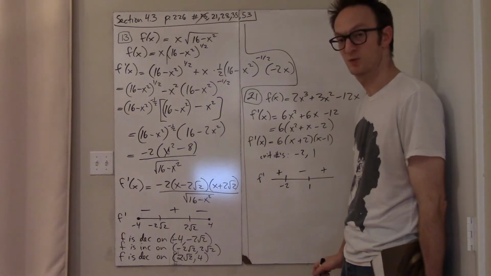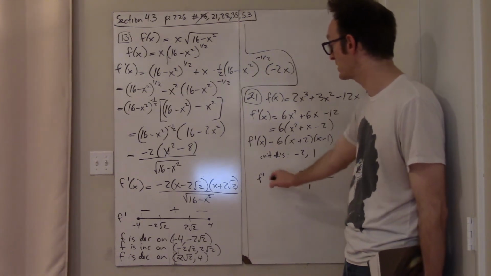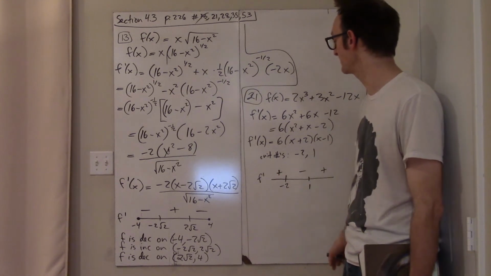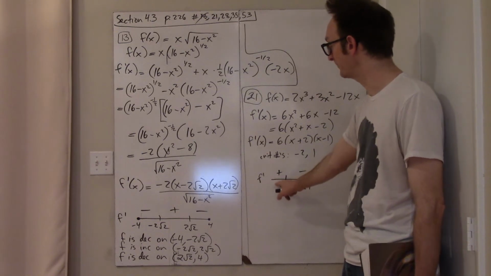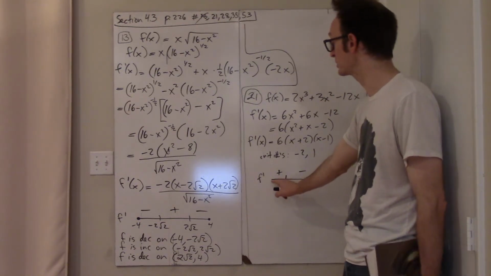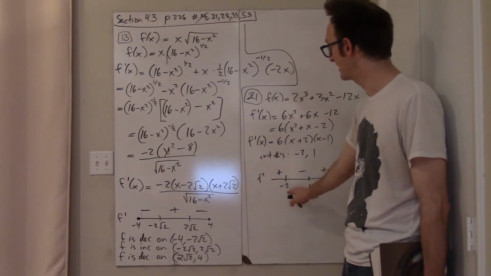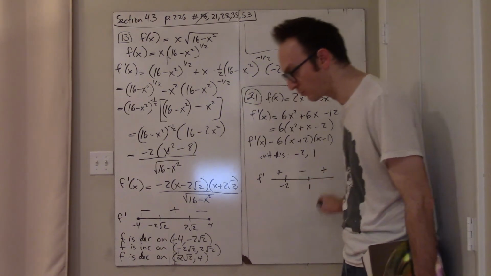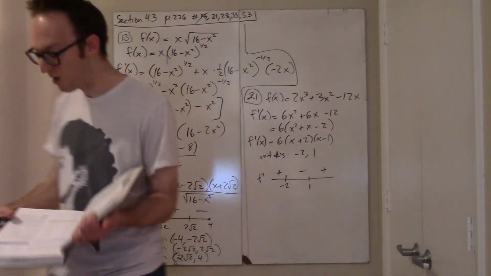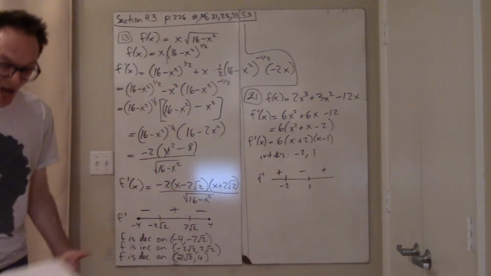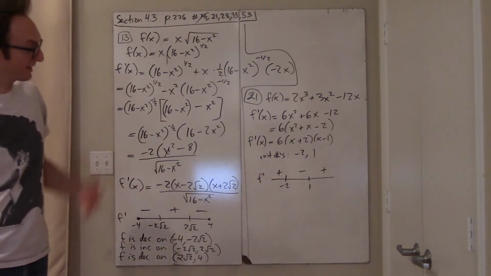Okay, so without actually writing this down, we know, based on the theorem from the lesson, that this function is increasing where the derivative is positive. The function is increasing up until -2, and decreasing from -2 to 1, and increasing from 1 onward. And now we know where the relative extrema are.